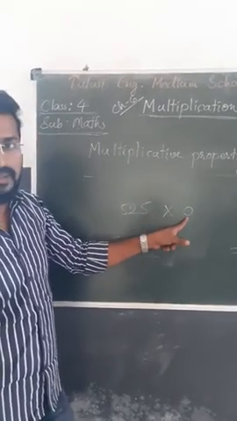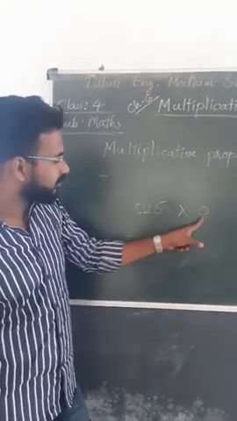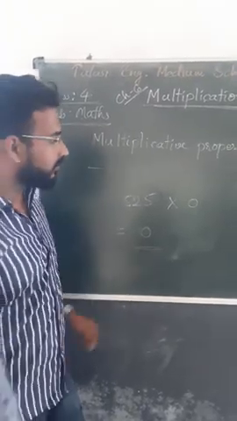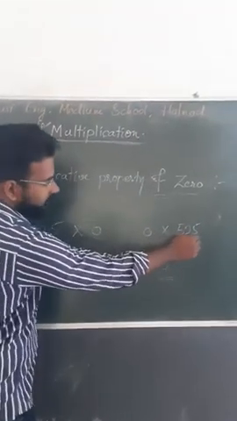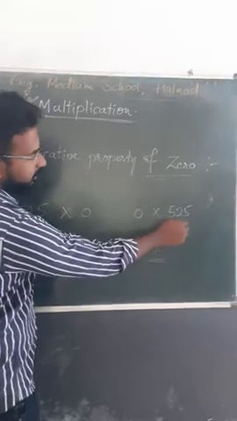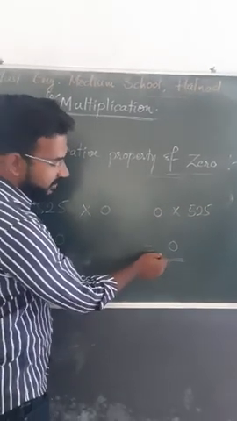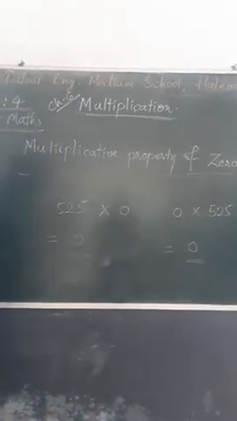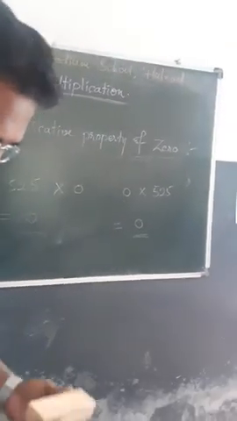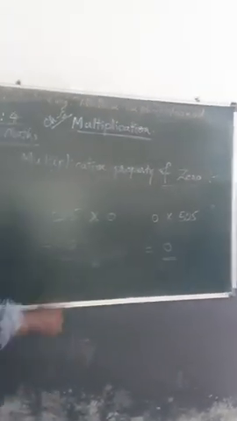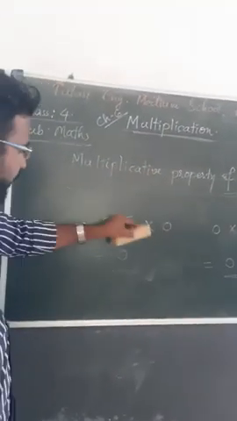When we multiply any number by 0, the result will be 0. Or when you multiply any number to 0, the result also will be 0.